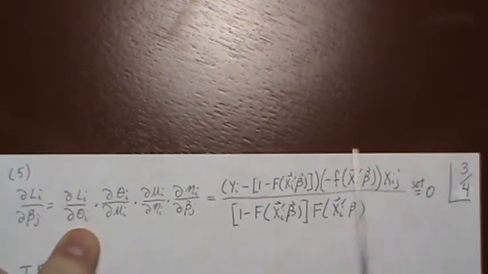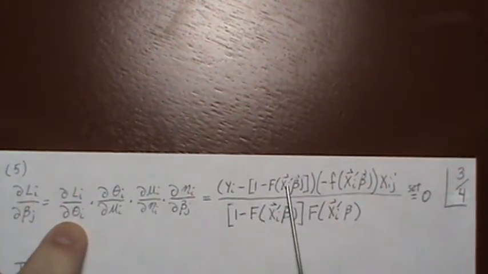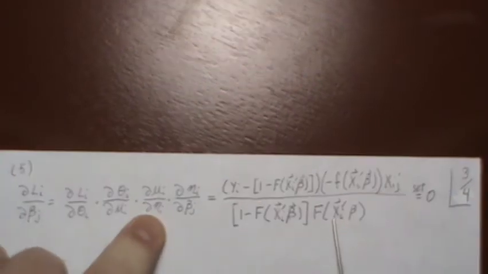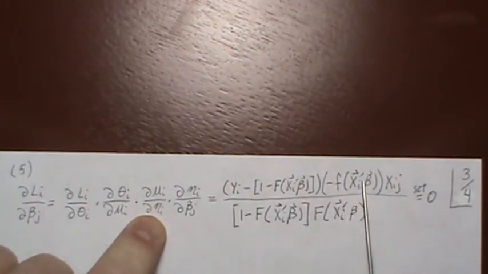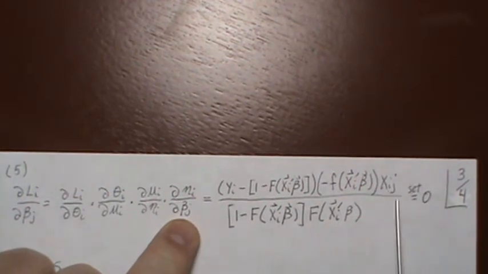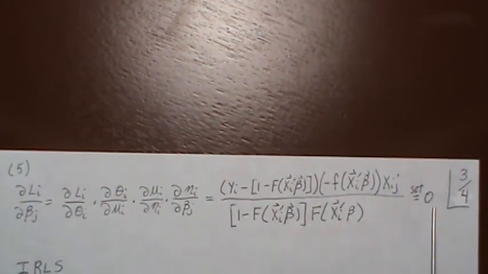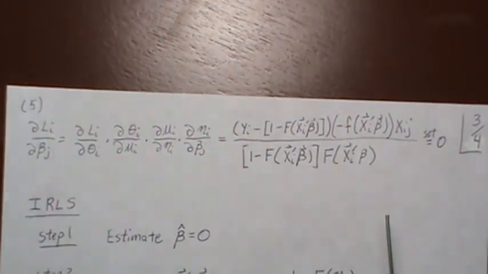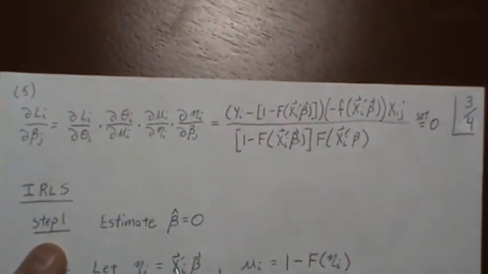Now when we put these pieces in, this one is this first piece here. That was the denominator. This was the minus the density. And this is the xij. We set it to 0 and solve. And we're done. But that's not as easy as it seems, and that's why they introduced the iteratively reweighted least squares regression.